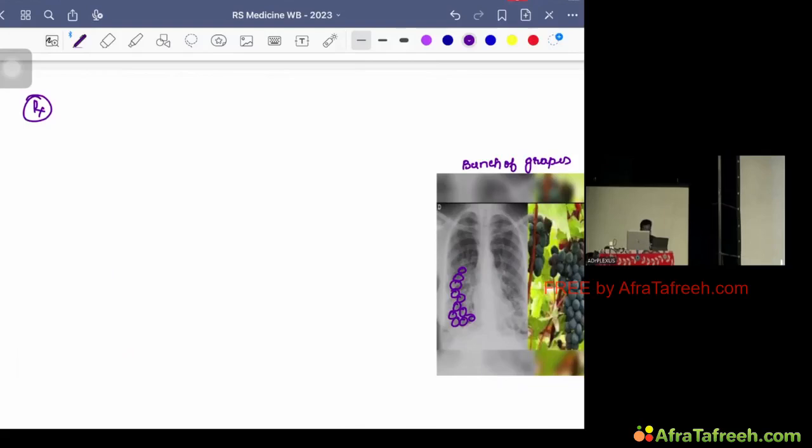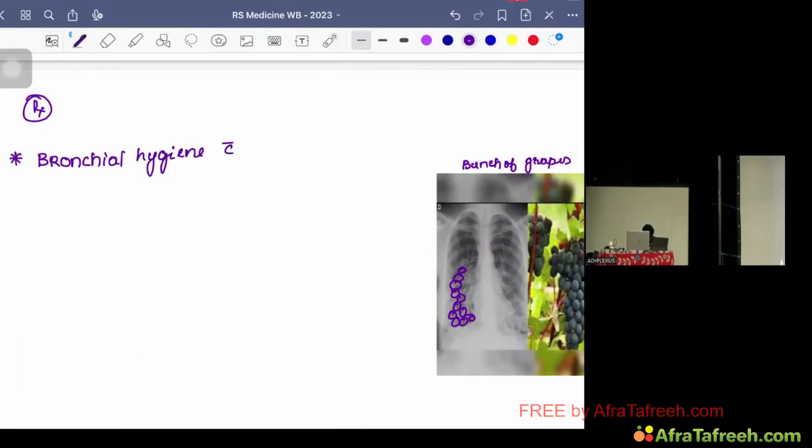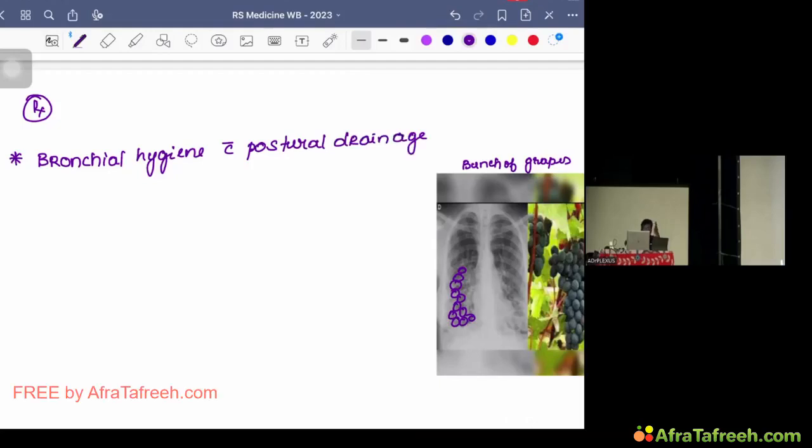Treatment. In patients with bronchiectasis, you have to maintain proper bronchial hygiene with postural drainage. The question asked by one person is, why is clubbing seen in bronchiectasis and not in COPD? Bronchiectasis is an infective condition as such.